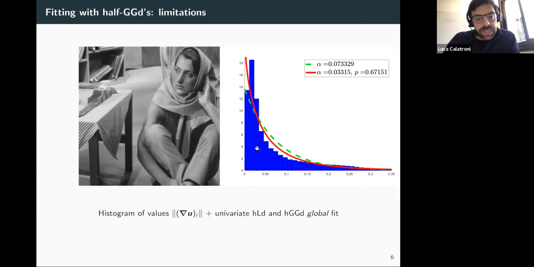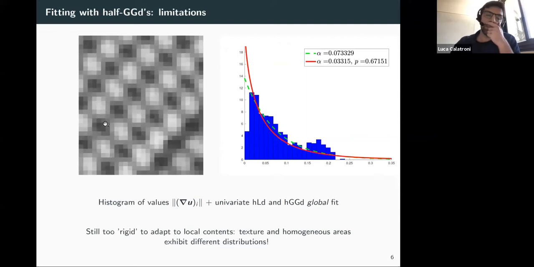Okay. But there is still some limitation. The limitation is due to the fact that when I zoom in on some specific region, for instance here, characterized by texture, and I try to use basically the same fit of the distribution on this region, we have large gradient magnitudes here, so not many points with gradient equal to 0 or anyway small.